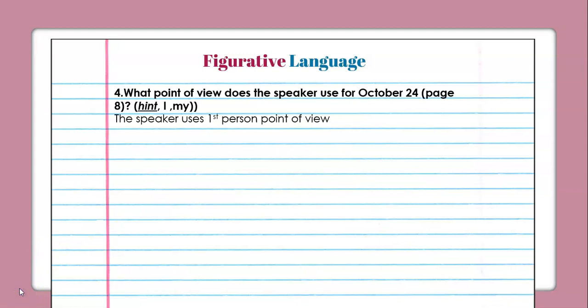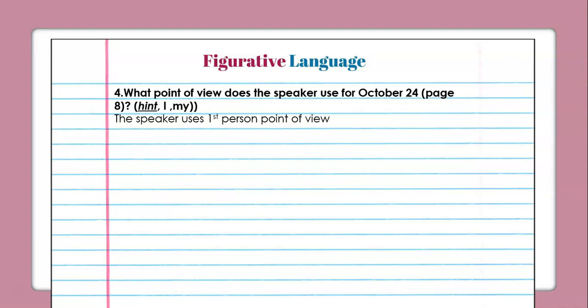So I'm going to go ahead and give you 2 minutes to write that. So we just found out, boys and girls, that the point of view was first person because the speaker used I or my. It sounded good in my ears. I didn't really understand the Tiger Tiger Burning Bright poem.